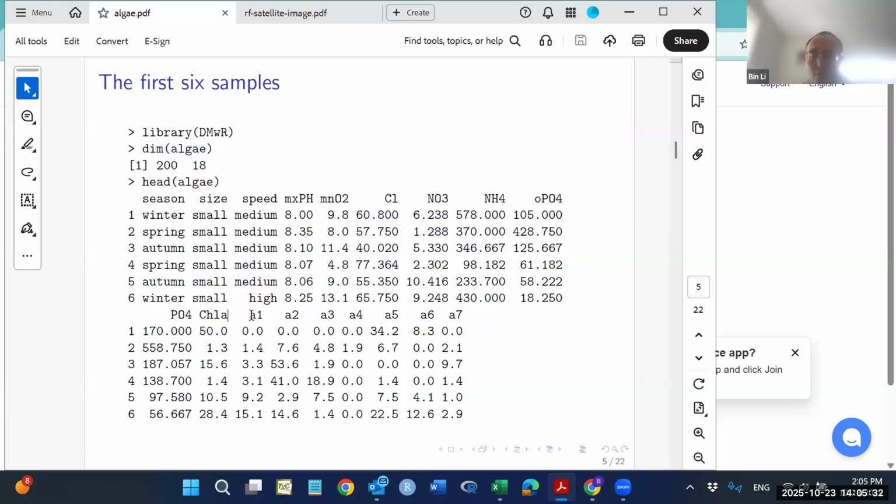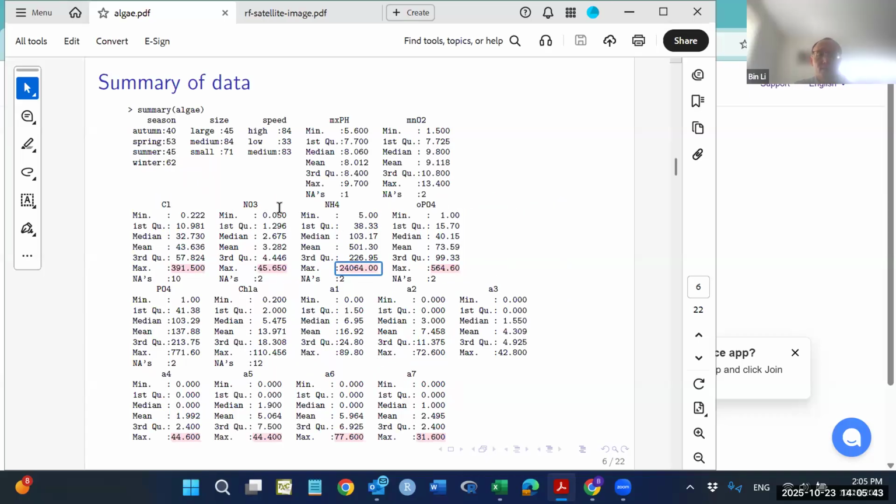And then the last 7 columns are the algae, the 7 harmful algae numbers.